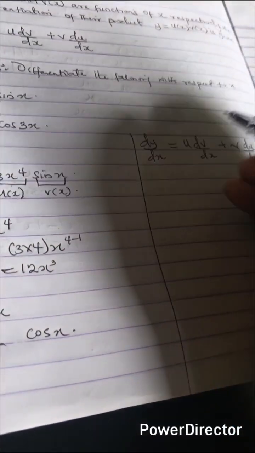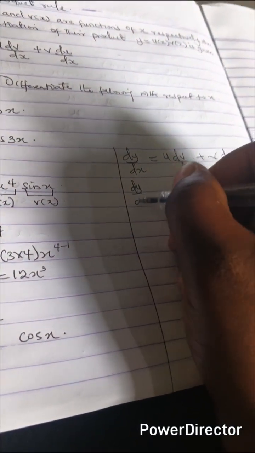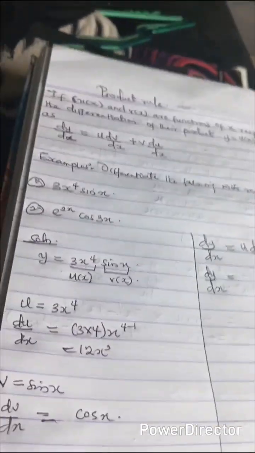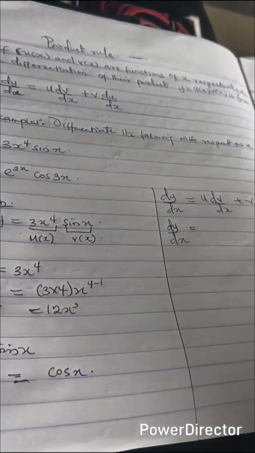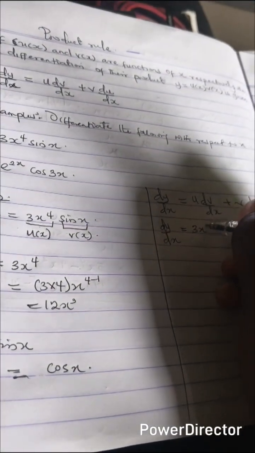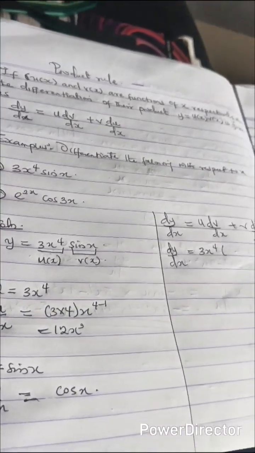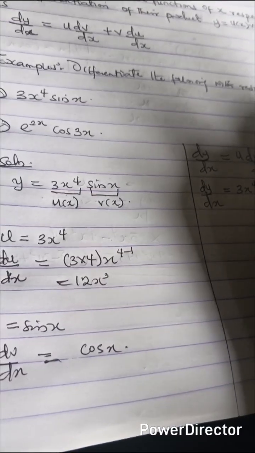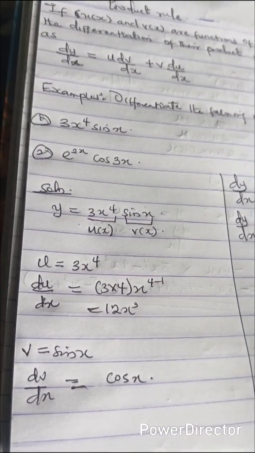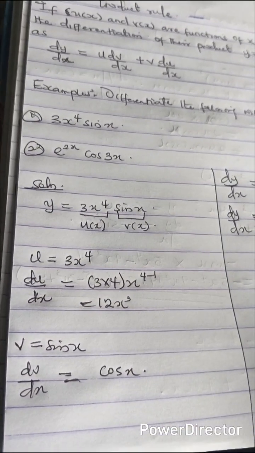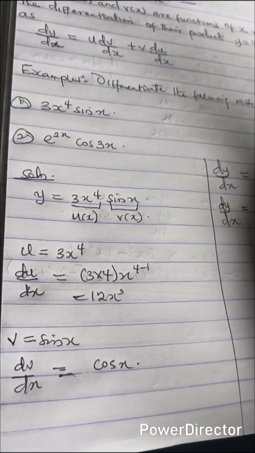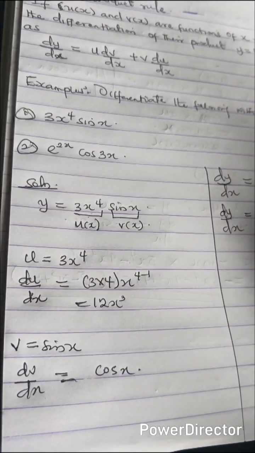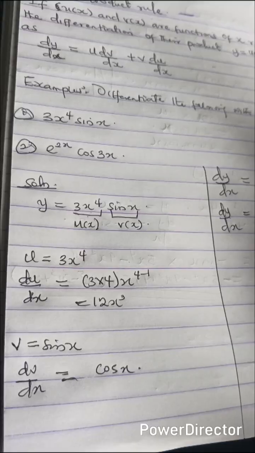So now the next thing is we'll just substitute those known values. Our u is 3x raised to the power of 4 times our dv/dx, which is cos x, plus our v, which is sine x, times our du/dx, which is 12x cubed.